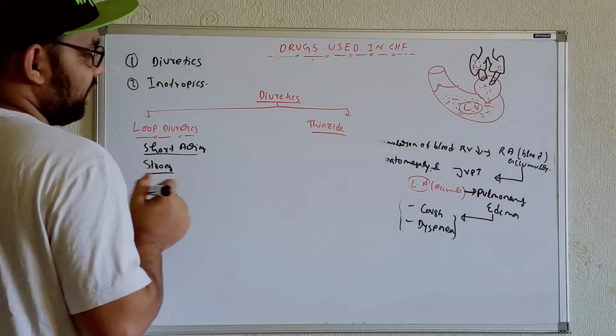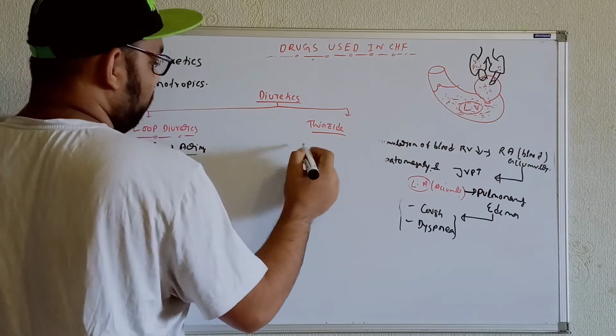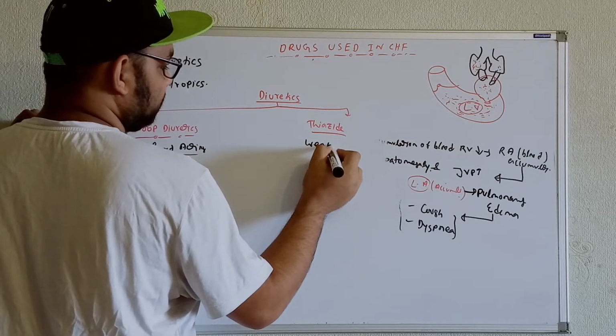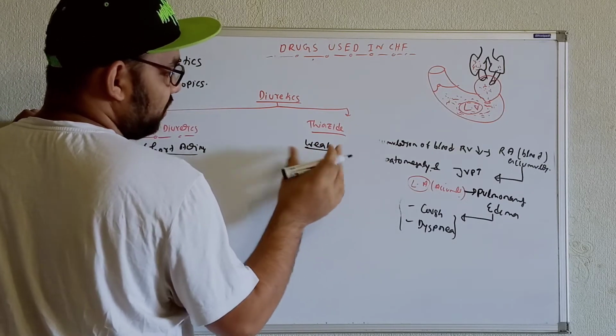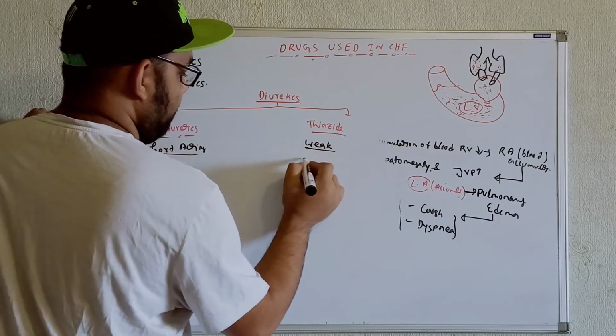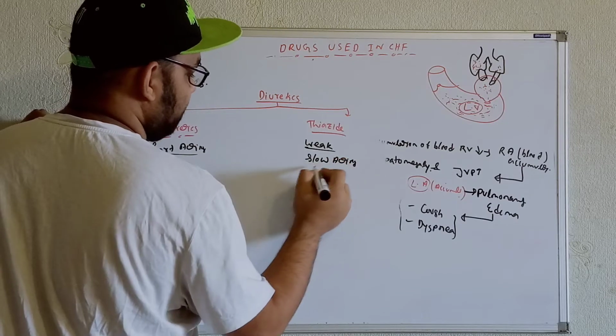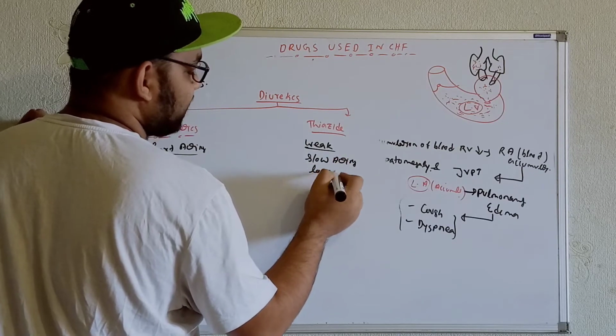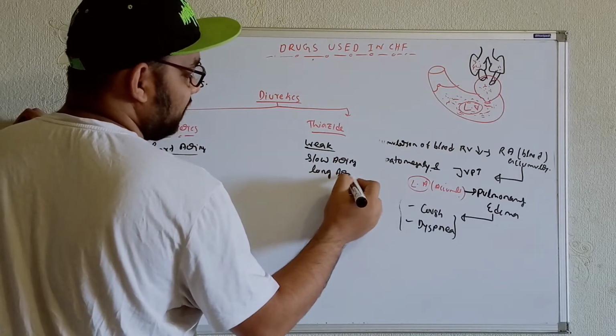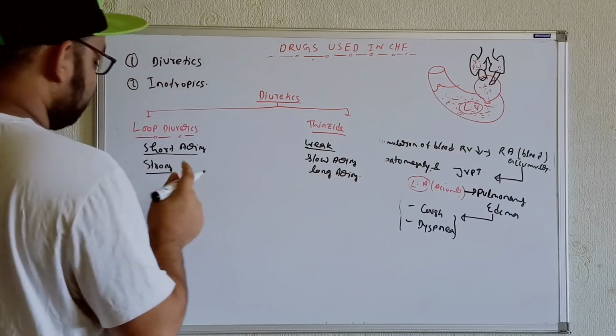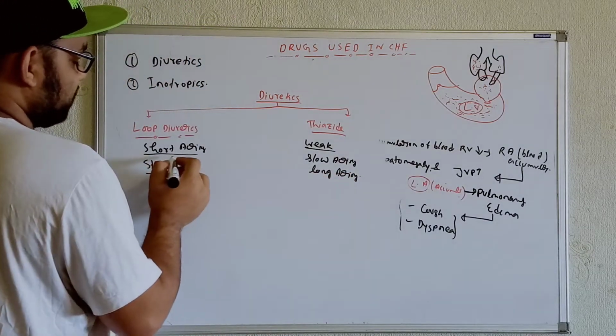Okay. What about the thiazide? They are weak, and they are slow acting but long acting. That means they will act gradually. See, in the loop diuretics case they will act very fast, so that's why they are short and fast acting.